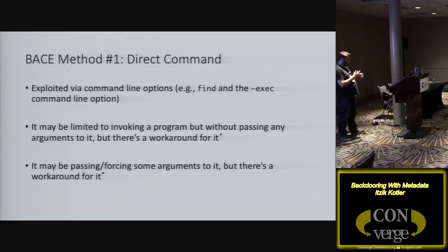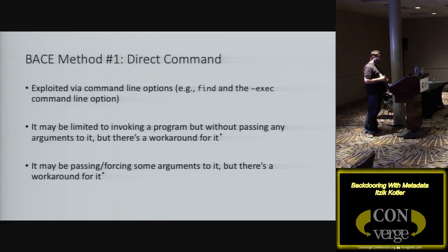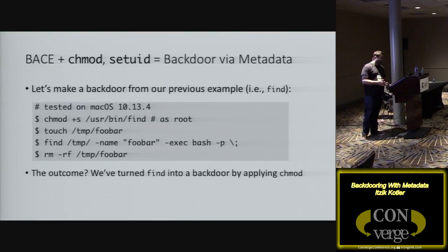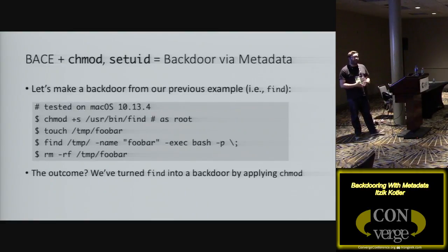There are two continuous limitations that will keep showing up as we investigate different directions. A, not all of them would allow you to pass parameters. Sometimes they would agree to run a program, but not to pass command line arguments to it. If you remember from our example, find was nice enough to allow us to add the -p to the bash.